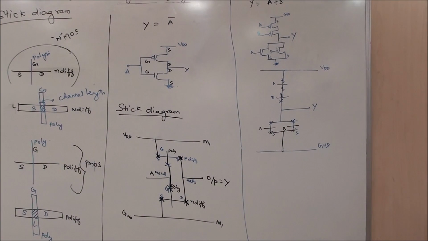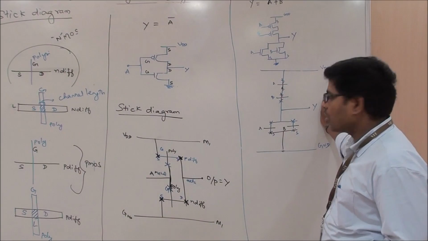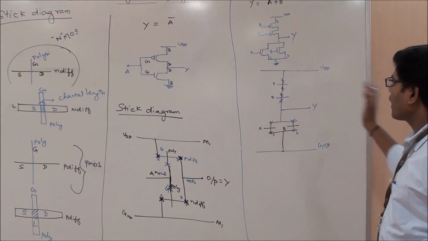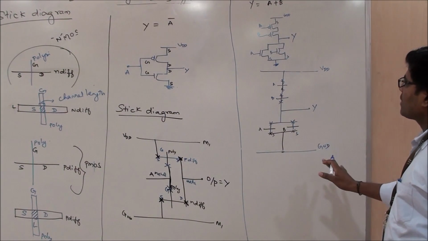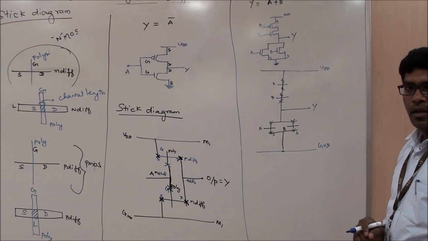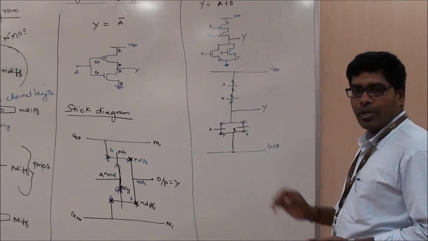Yes. This is true, or this is correct. There is no doubt about that. If you convert the stick diagram into exact layout information, this will act as a 2-input NOR gate. But the question is whether this is an optimized one.